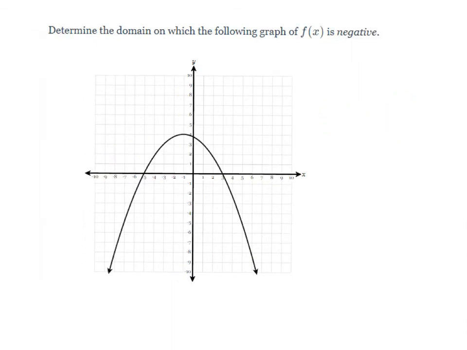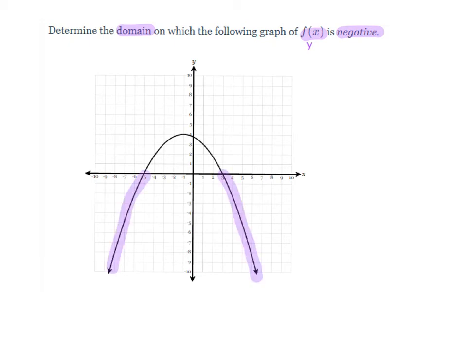Okay, this next question talks about, again, they're telling you in here, we're talking about the domain for which the f of x, remember f of x is a fancy way of saying y equals. So we're looking for when the y values are negative. So when I look at the graph, I'm looking for the y values to be, if they're negative, that means below the x-axis. So when does that happen?